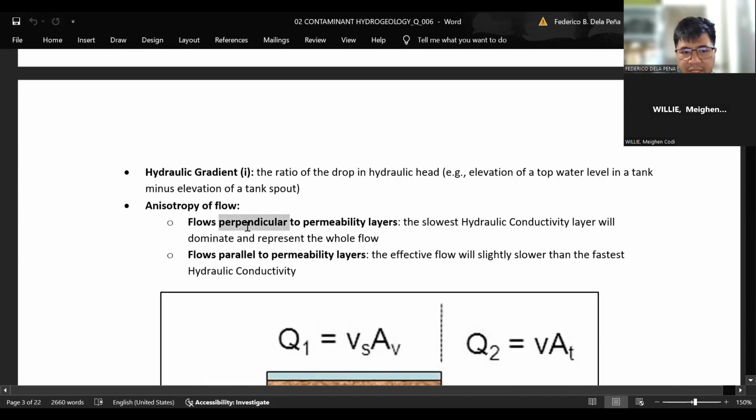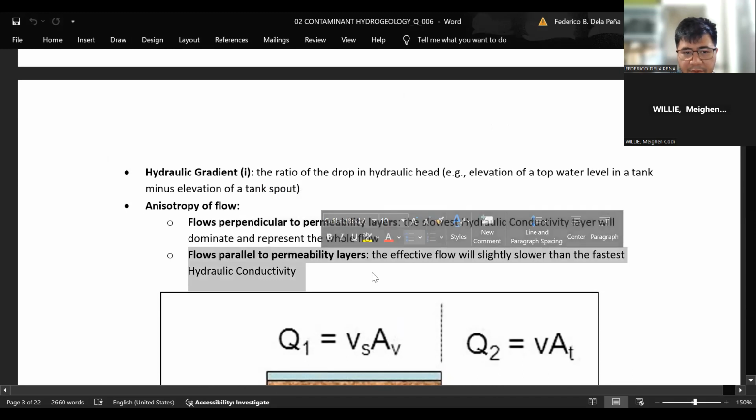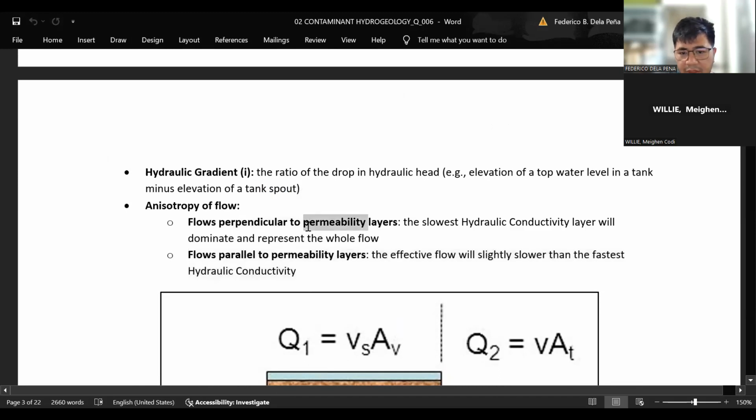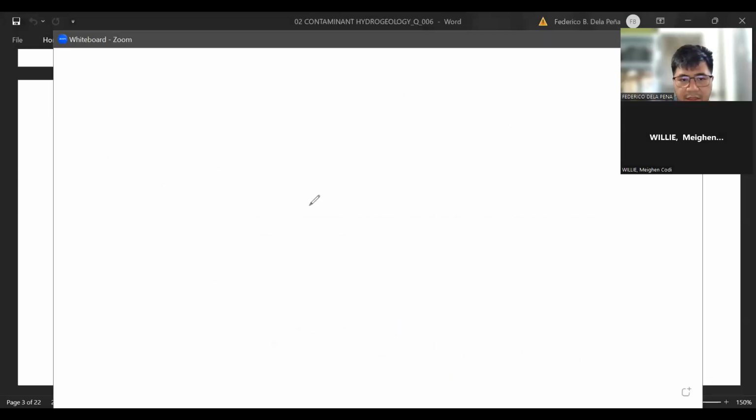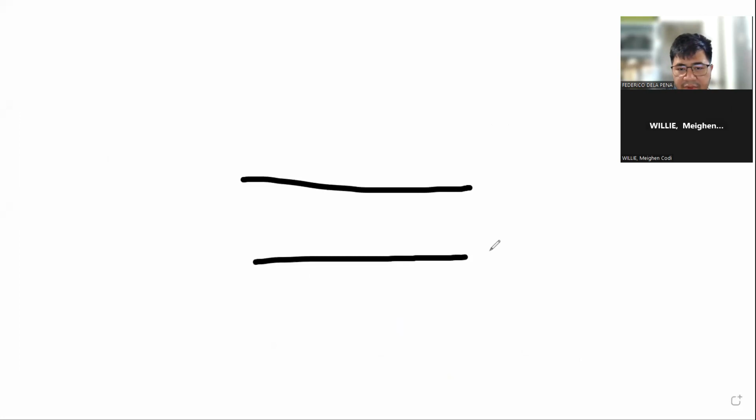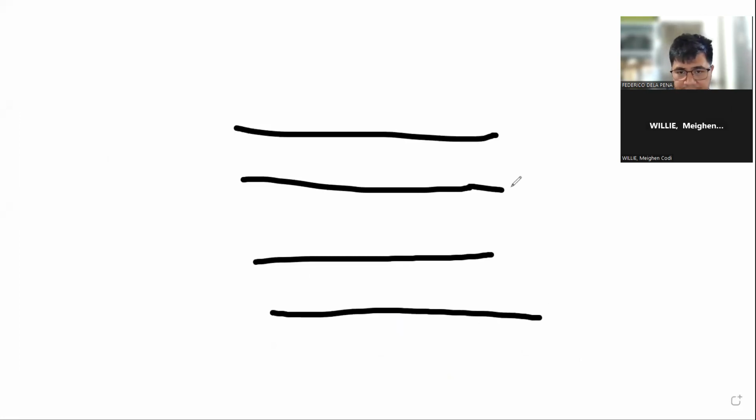Okay, another concept is the anisotropy of your flow. Let's try to draw this one. Let's say we have two layers, let's say three layers. First layer is sand. Second layer is, let's say, silt.